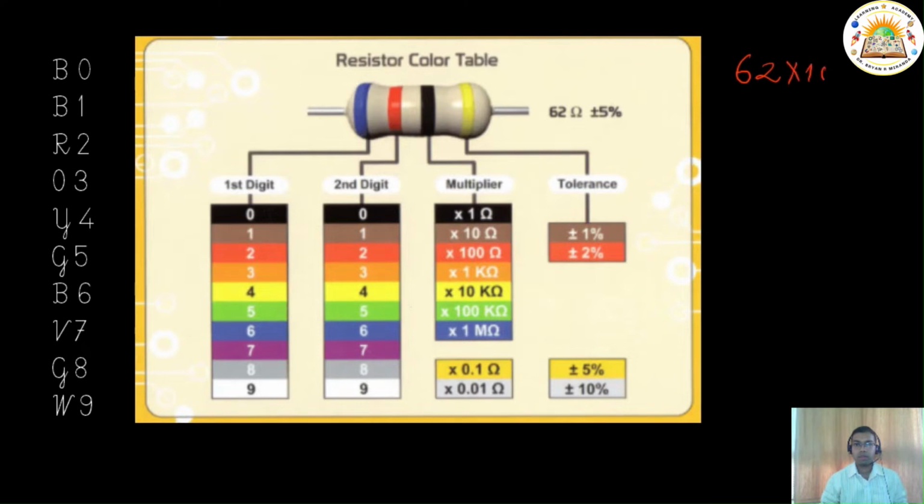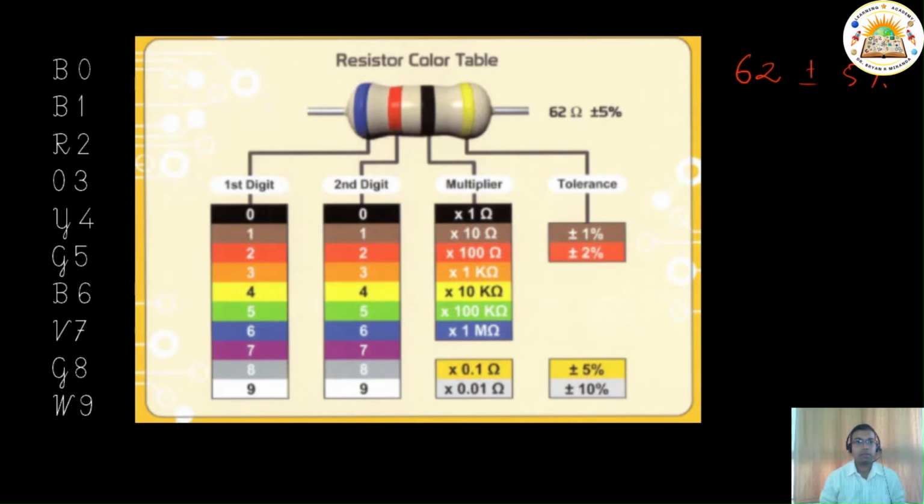Multiplier: since it is black, we will not take 10 power 1, we can just simply take it as 1. And plus or minus 5%. Now the tolerance depends on whatever color is given. So if it's yellow, it's generally plus or minus 5%. 1 and 2% is sometimes there, not always.